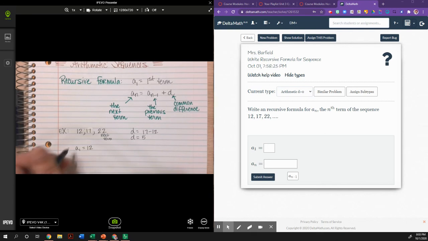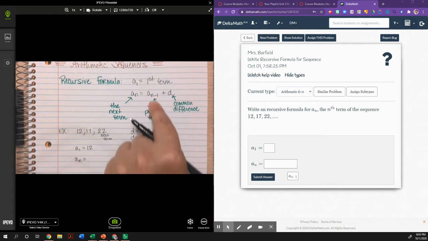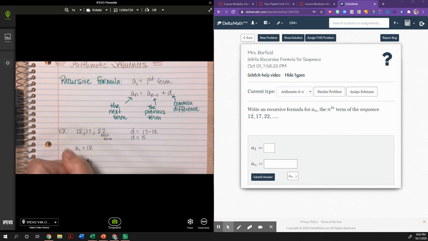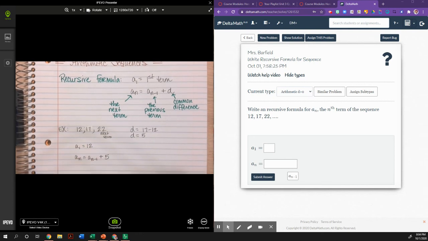And in Delta Math, you've got a sub n equals, and then you have a box. It's really easy. You're not going to plug in anything for the previous term. You're just going to put a sub n minus 1. If you're looking at Delta Math, there's a button for you. The only thing you're going to plug in is whatever d equals, so plus 5.